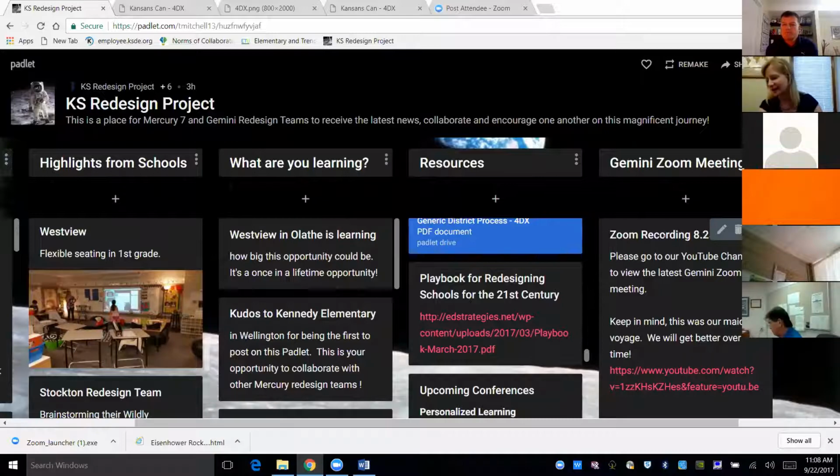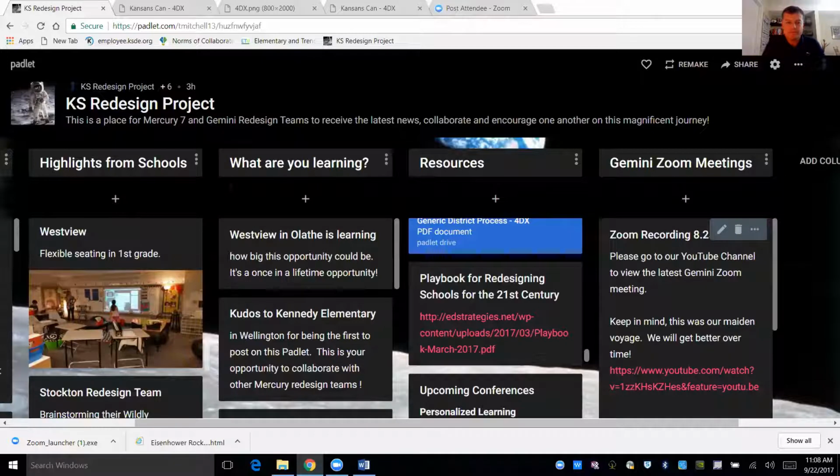Oh, I'm so glad you asked, because we wanted to give a couple of reminders. One is that we've invited each Gemini and Mercury district to an event at the annual conference in October. It's a meet and greet where you can bring your redesign team and meet with the Mercury redesign teams.